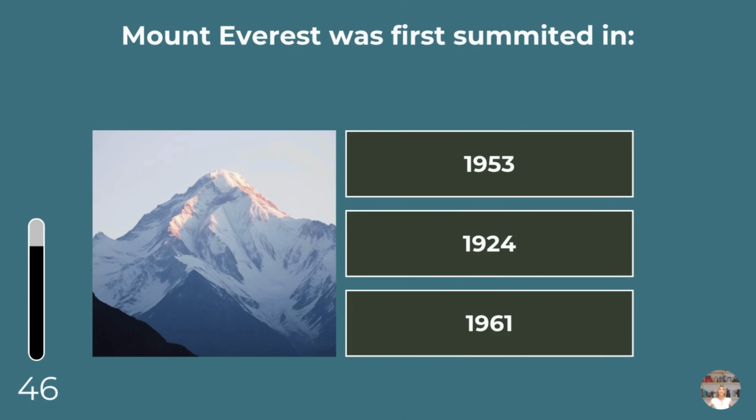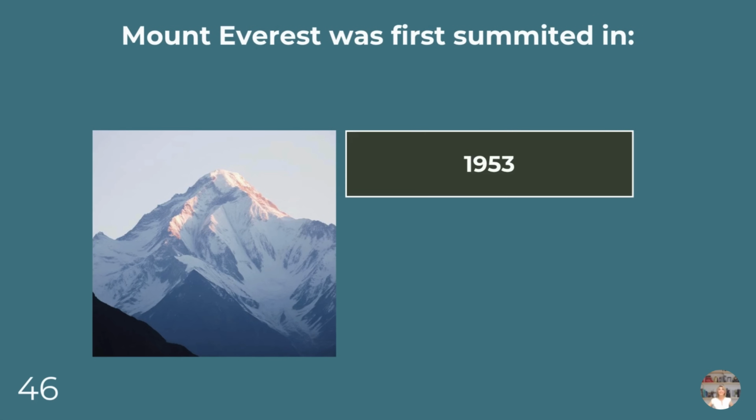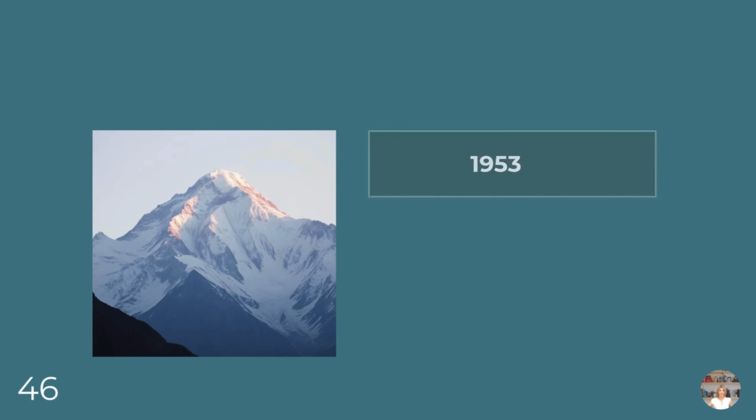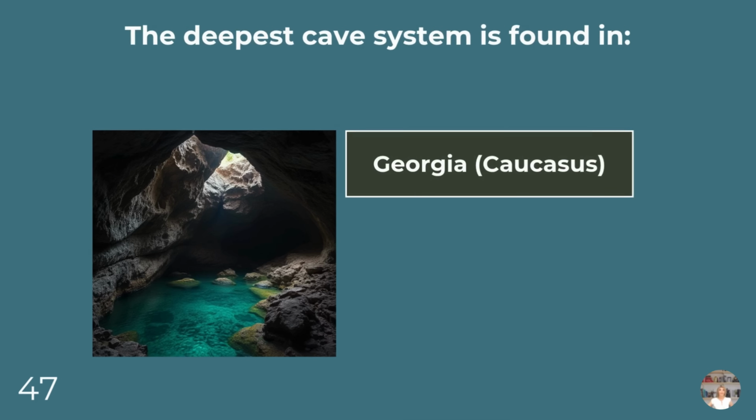Mount Everest was first summited in 1953, 1924, or 1961? 1953. The deepest cave system is found in Georgia, the Caucasus, Switzerland, or Chile? Georgia.